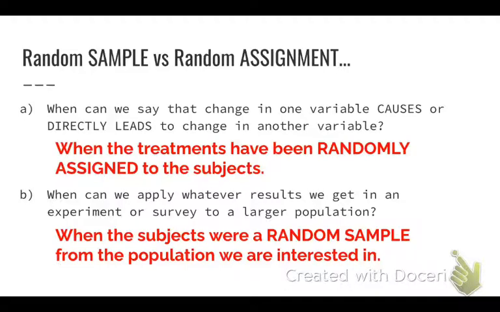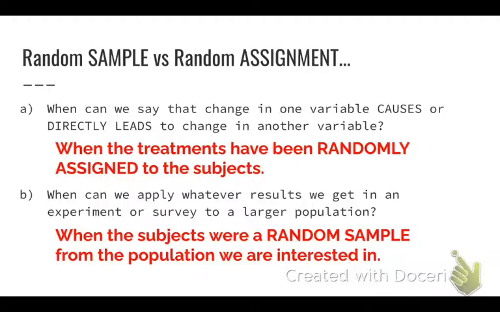So how do we pass the random condition? Well, we either are told that it was randomly created, which makes it easy. If we're not told that there was a random sample, then we must assume that our sample is representative of the population. So the statements you're going to write for the random condition are either going to say it is stated random or a simple random sample, or if it doesn't state it, then I'm going to assume that my sample is representative of the population.